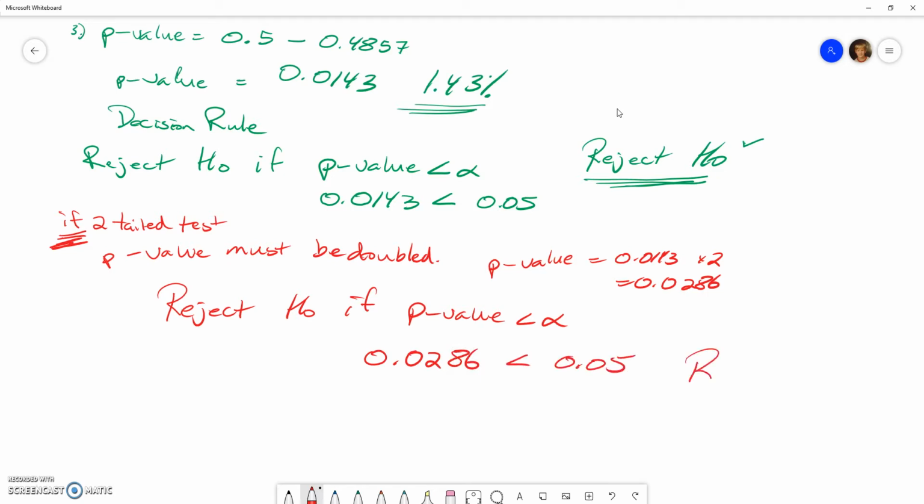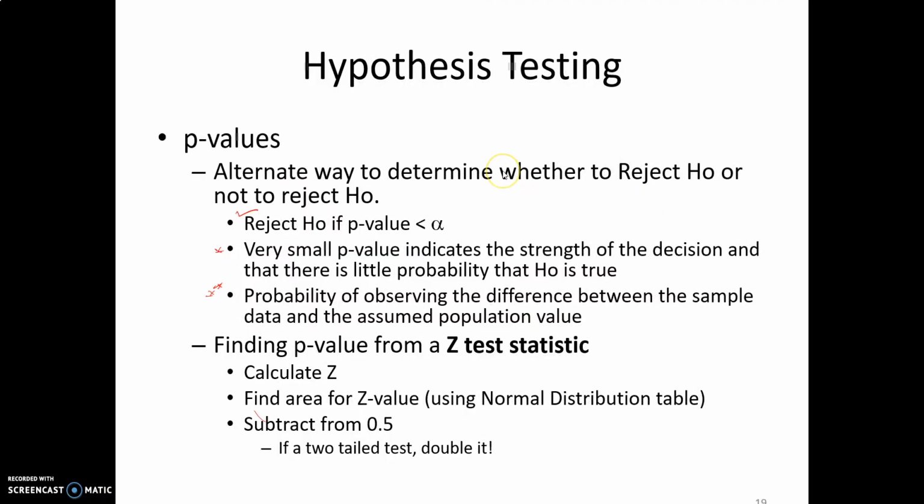So once again, we are going to reject the null hypothesis, which would be the same decision you'd make in the classic approach for a two-tailed test.